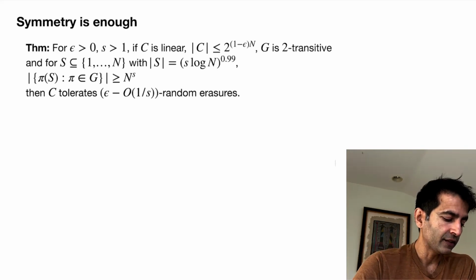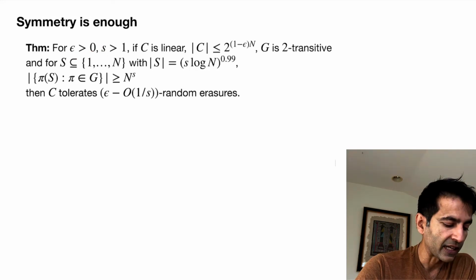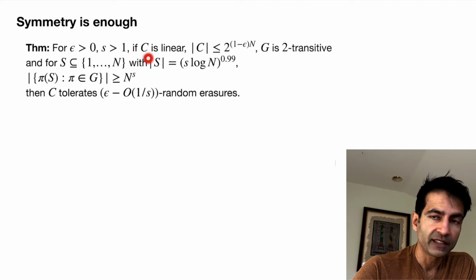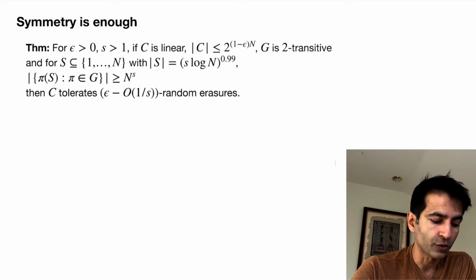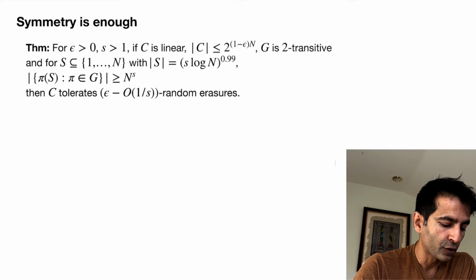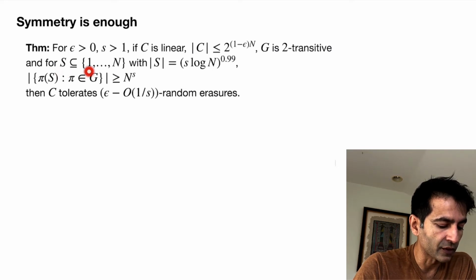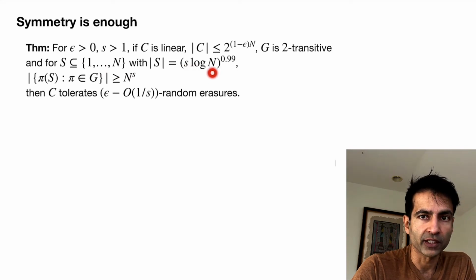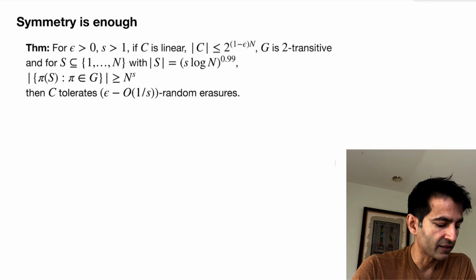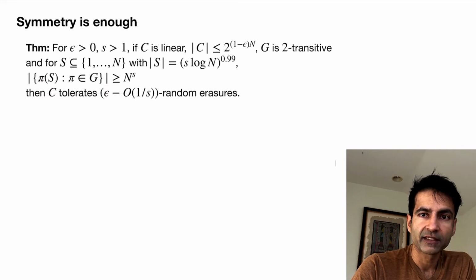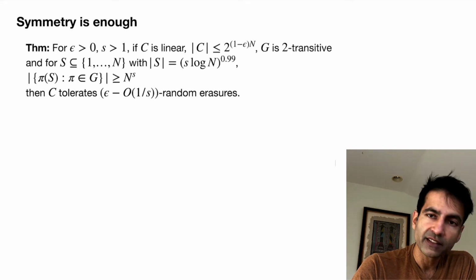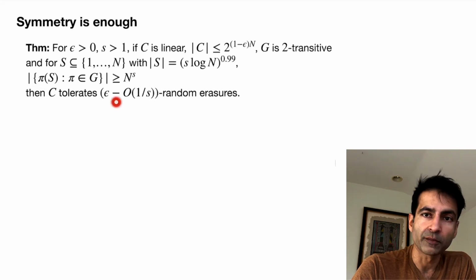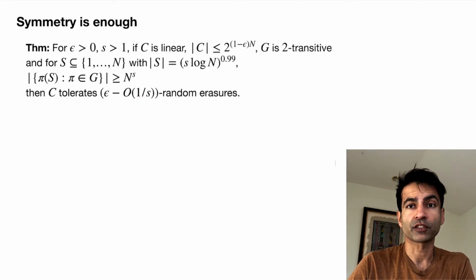So what the result actually says is that for any parameter epsilon and any s larger than 1, if C is a linear code of size 2 to the (1 minus epsilon) n, and its group of symmetries is two-transitive, then if the group of symmetries satisfies the property that whenever you take a subset of the coordinates of size (s log n) to the 0.99, the set of images of that set under the group of symmetries has size at least n to the s, then C will actually recover from epsilon minus order 1 over s fraction erasures.